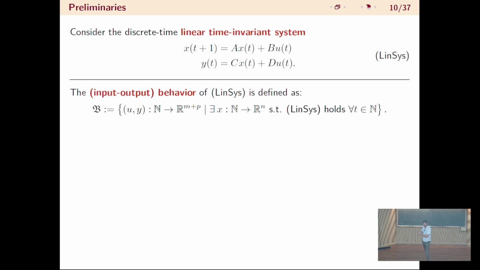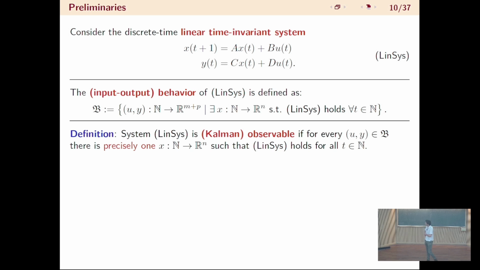So using the input-output behavior, I also define the notion of observability. I say that my system is Kalman observable if for every input-output trajectory of my system, in other words, for every (u, y) in the input-output behavior B, there exists precisely one x from the natural numbers to R^n such that these equations hold for all time t. So for unobservable systems in general, there may be many state trajectories given a single input-output trajectory.